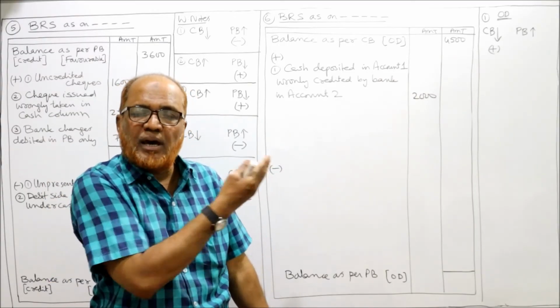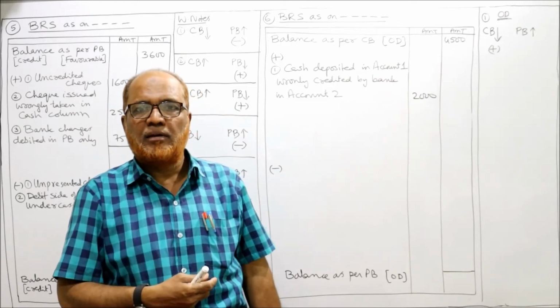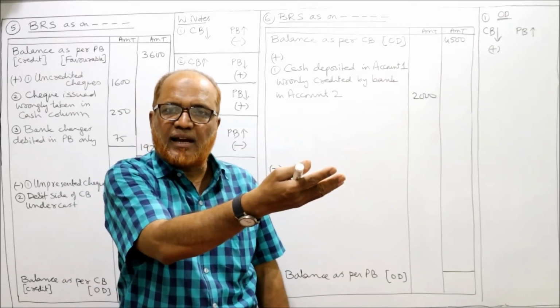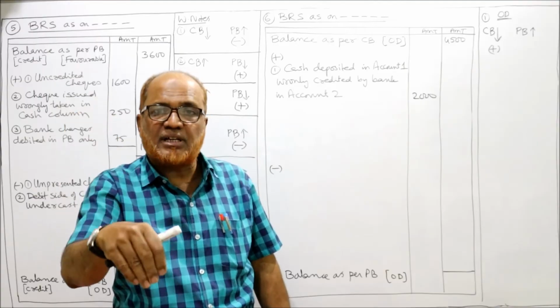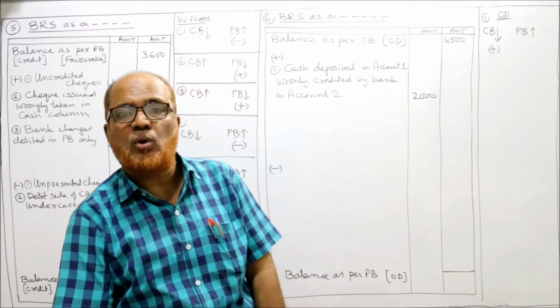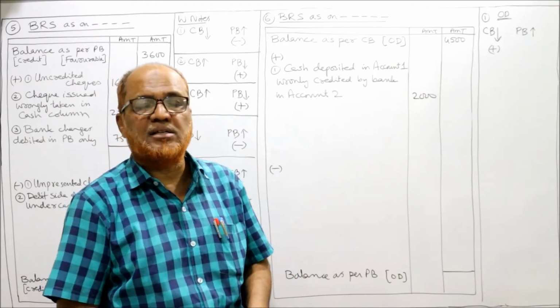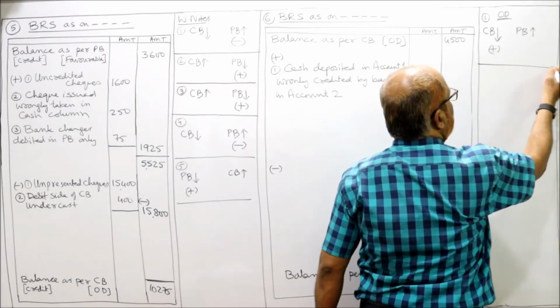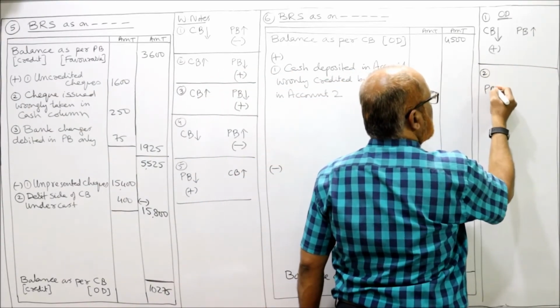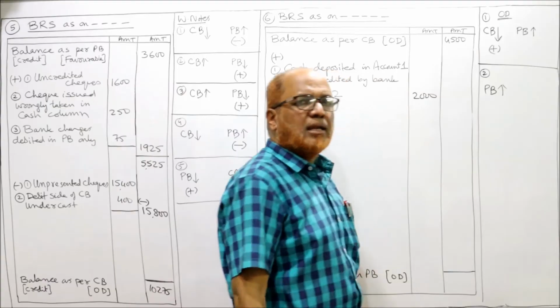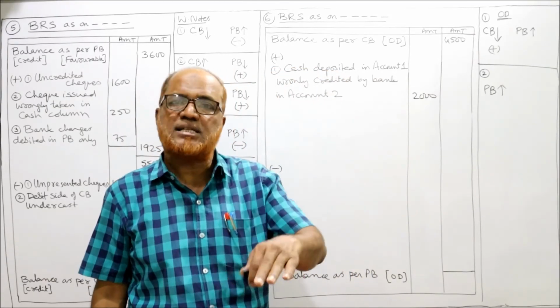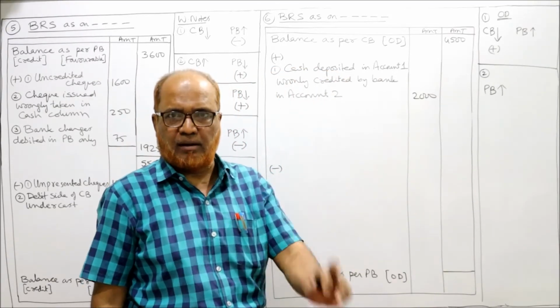Already we are preparing the BRS for account number 1 only. So we have issued the check from the second account, but the banker has debited the first account. So the passbook overdraft will increase. The passbook will show more balance because the banker by mistake has debited passbook account number 1.